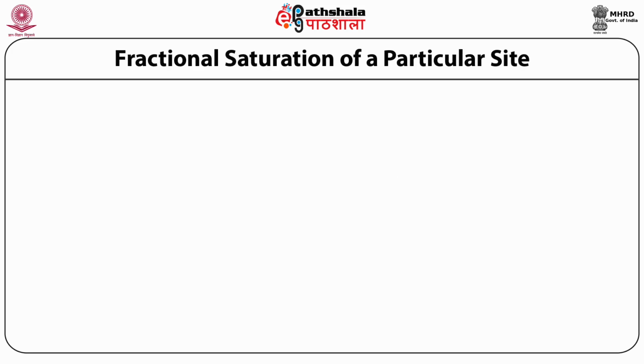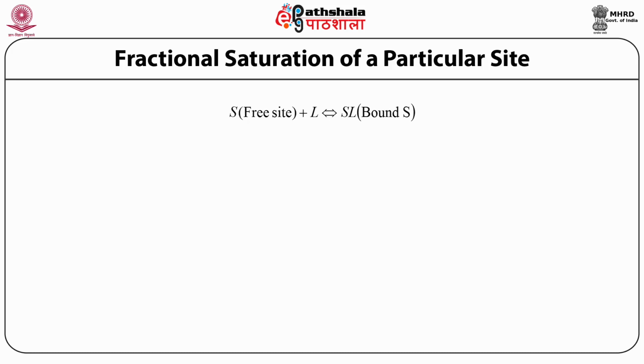Now, when there is more than one site, we can calculate fractional saturation as we have done in the earlier module. In this case, what we are going to consider is the equilibrium when a ligand binds to a free site to give a bound S. S is the site; it can exist as a free site or bound site, so S plus L gives you SL.